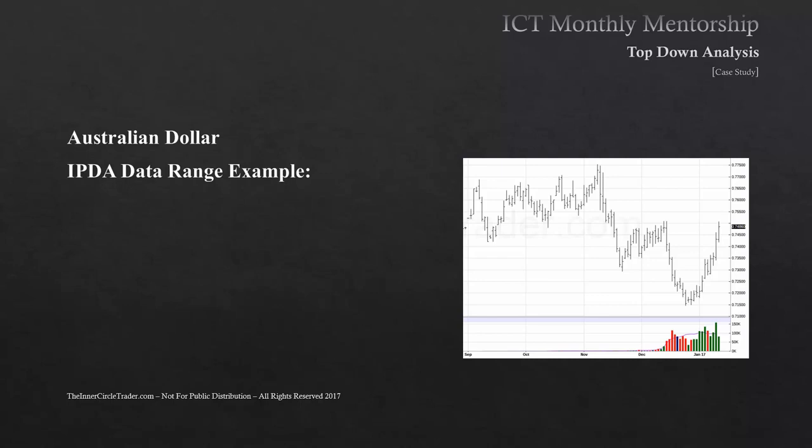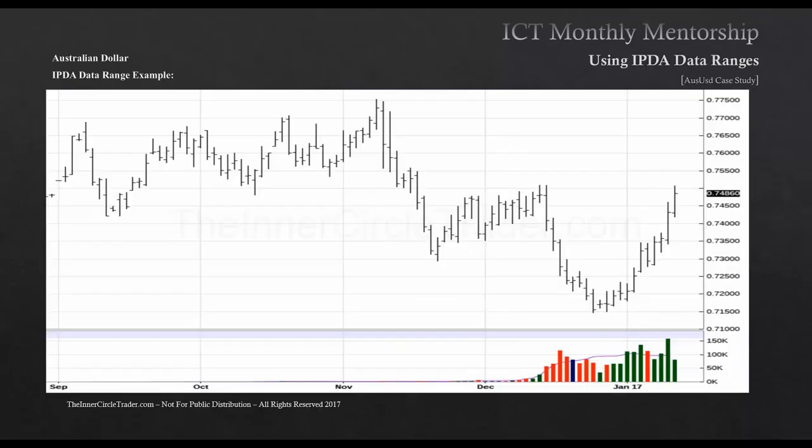Okay, so let's get into the Australian dollar example for the IPDA data range. All right, so we have here a futures chart. This is the March contract, the underlying daily chart of the futures contract of the Australian dollar. And by looking at the futures contract, if we're going to be trading Forex, it's really important that you know you can get a lot of insight just by studying the underlying futures price.